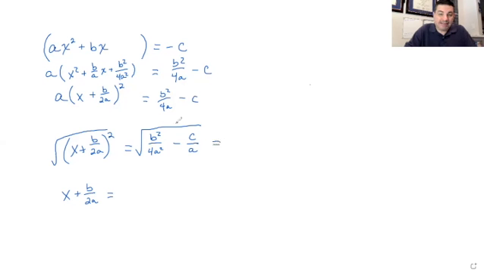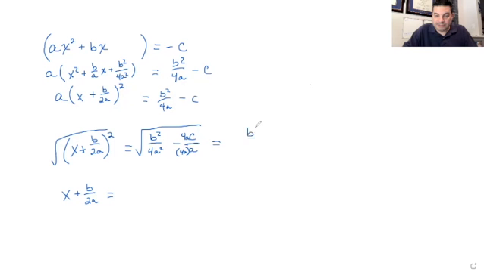But if I can make them have the same denominator, notice I can find a common denominator. A common denominator between 4a squared and a would just be 4a squared. So my b squared over 4a squared already has that denominator. So if I multiply the other fraction here by 4a over 4a, then they have the same denominator, and I can combine them.